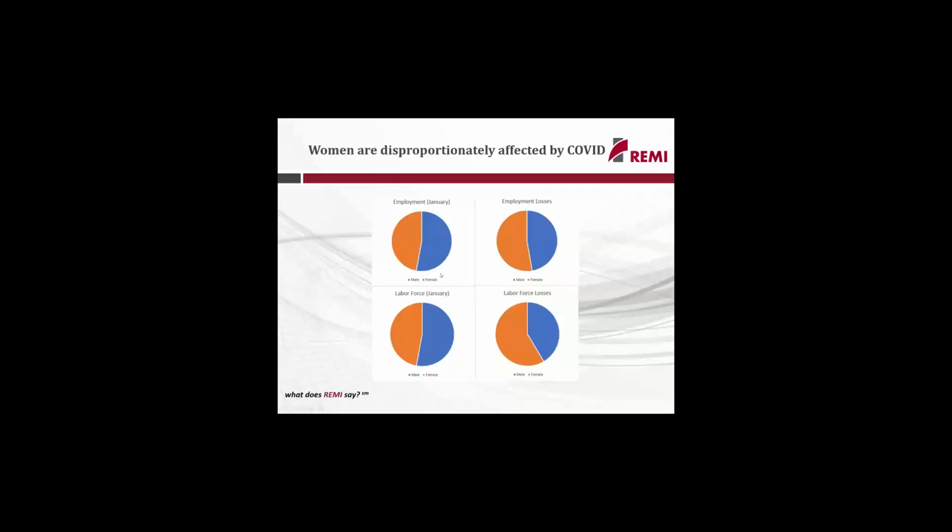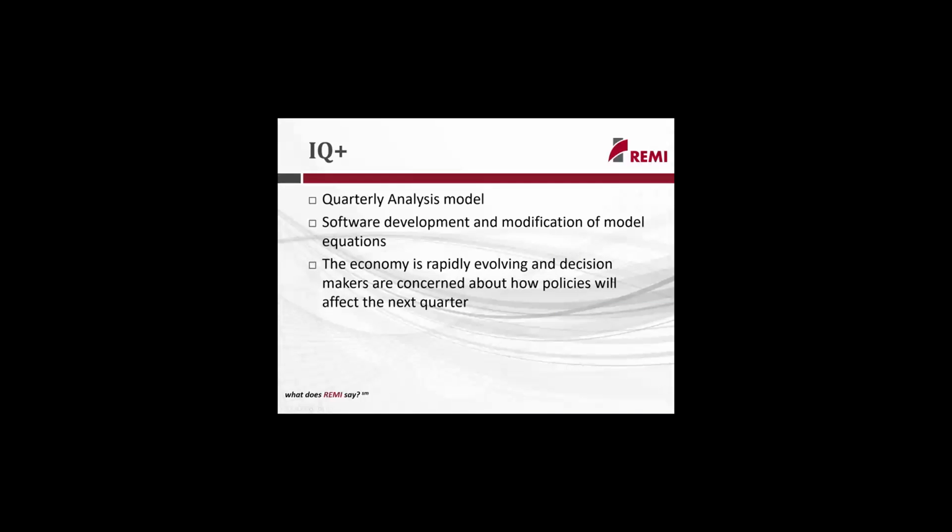You can see that men make up more than half of the employment at the beginning of the year, but the employment losses by men are less than half of the losses. Similarly with the labor force, men make up more than half the labor force, but do not make up nearly half of the labor force losses. So we're going to work on implementing that.